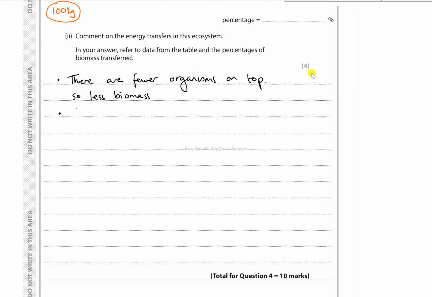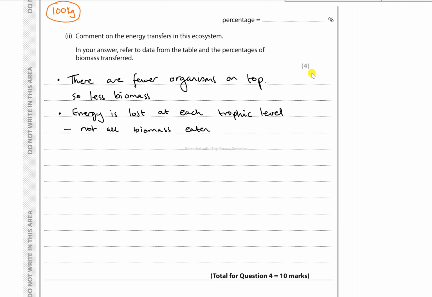Energy is lost at each trophic level. Why? Because you have not all biomass eaten.